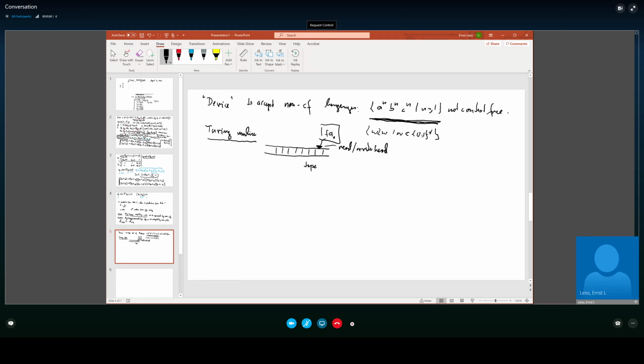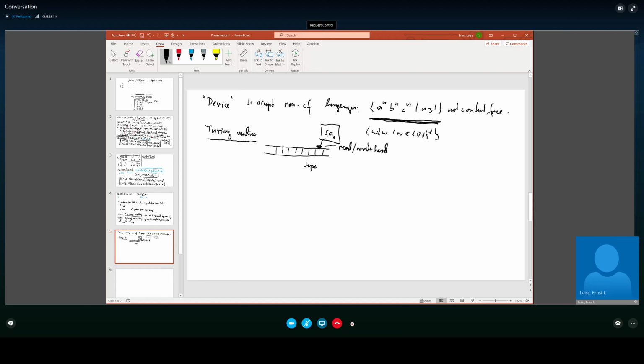Now, Turing machines are not particularly smart and not particularly efficient. How would a Turing machine deal with a to the n, b to the n, c to the n? Well, the Turing machine will basically start with a little a and mark it.